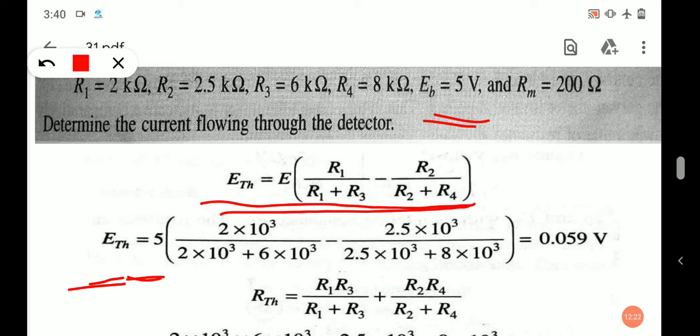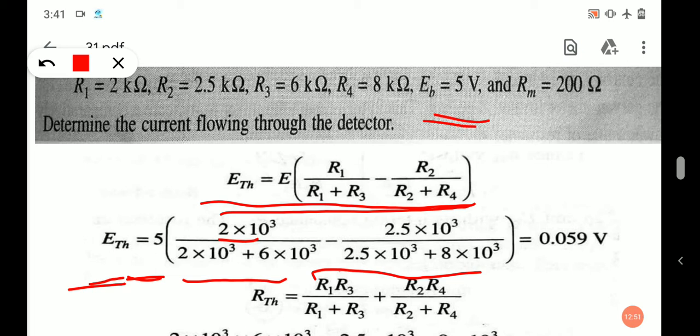R1 is 2 kilo ohm, that's why 2 into 10 raised to 3, because we are putting the values in ohm. Then again in the denominator, 2 into 10 raised to 3, that is R1, plus R3 is 6 kilo ohm, so plus 6 into 10 raised to 3, minus R2 upon R2 plus R4.